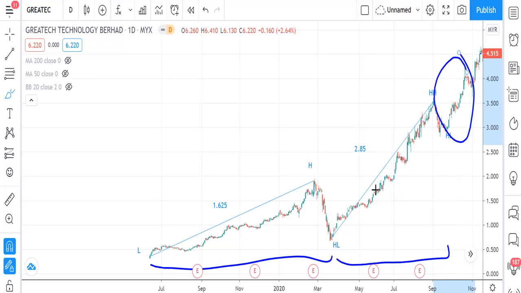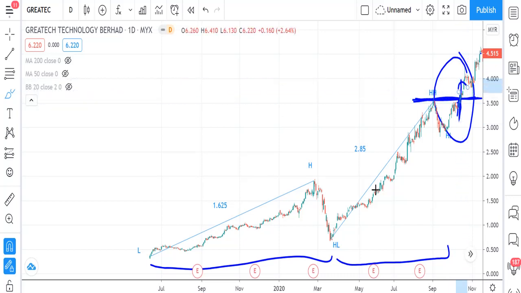See, it went. Now the next thing we want to look at is whether this chart has got enough power to break the high. So this is the high, right? This part is the high. So we know that it broke up here. It went up, right?